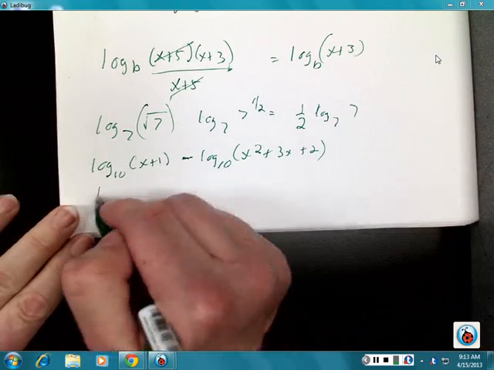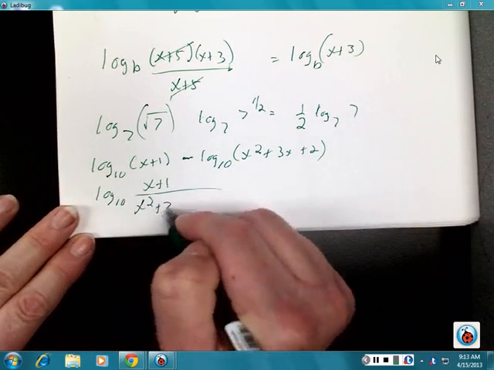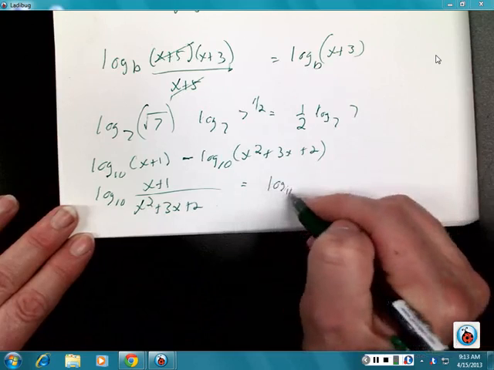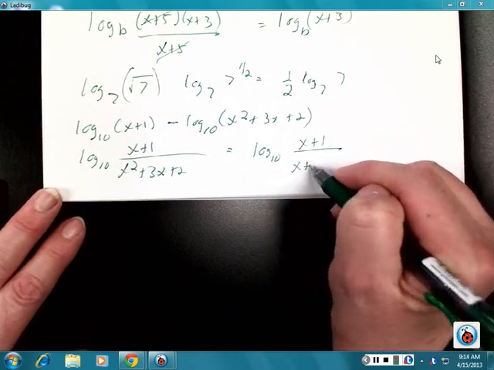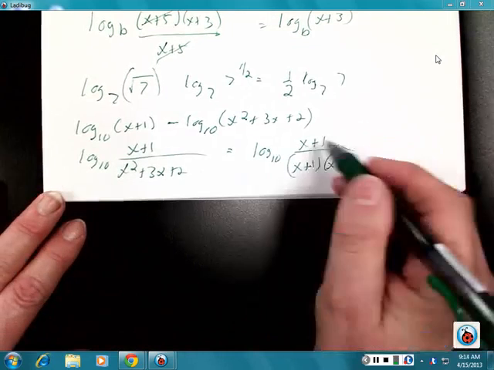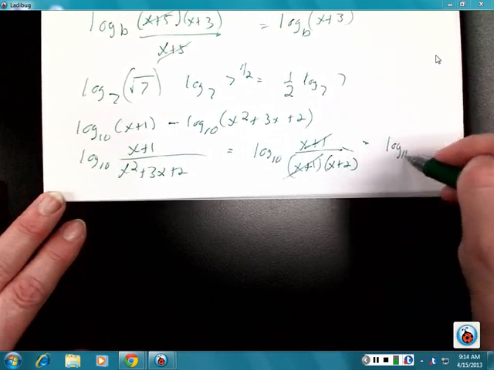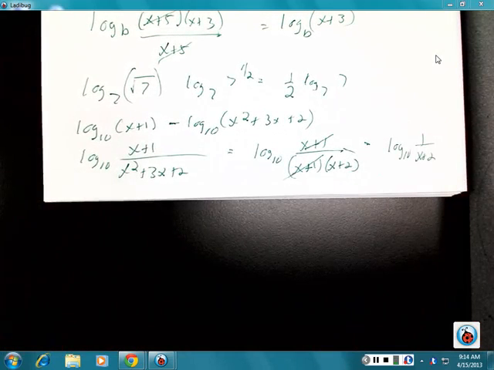Yep. So it's log 10 x plus 1 all over x squared plus 3x plus 2. But that factors to x plus 1 all over x plus 1 times x plus 2. And x plus 1's cancel. So my final answer is log 10, 1 over x plus 2. And that's what it would be if you put it in there for your answer with those.